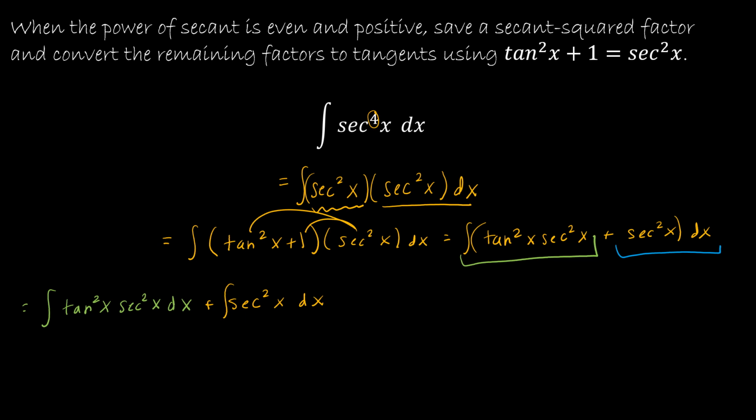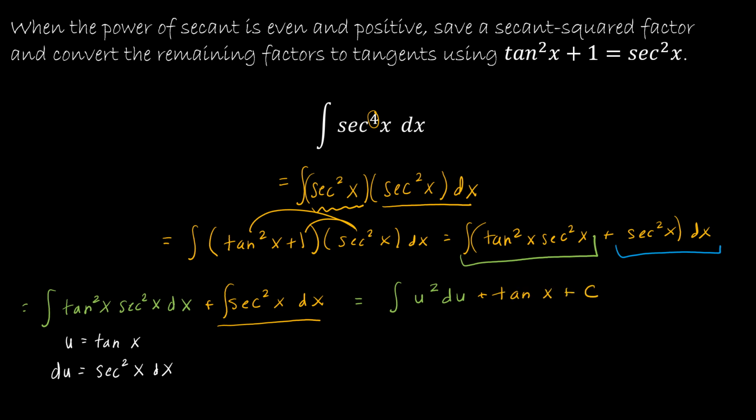So for the first one, I'm going to do a little u sub. I'm going to say that u is equal to tangent of x, which means du is equal to secant squared x dx. So that means my first expression can be rewritten as u squared du. And my second expression, I actually can go ahead and evaluate, because what is the integral of secant squared x? It's just tangent of x plus c.